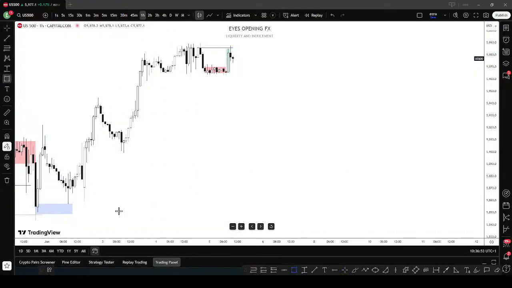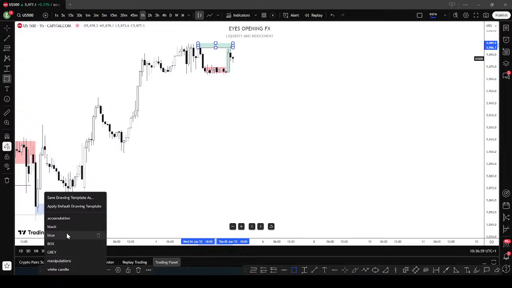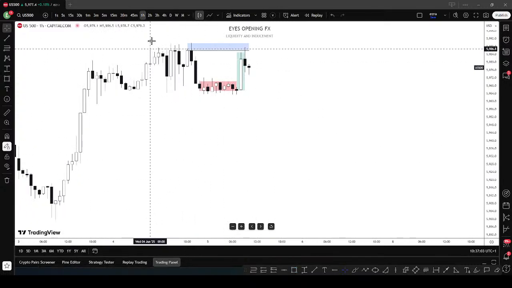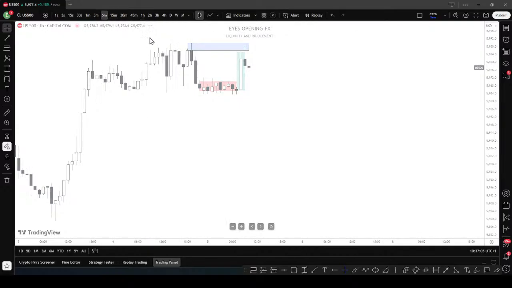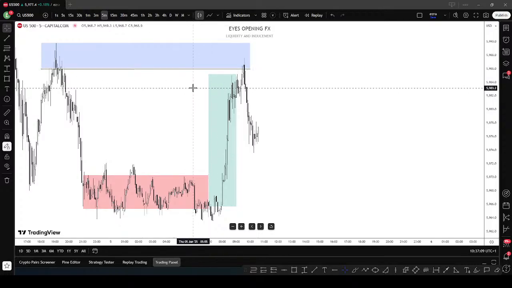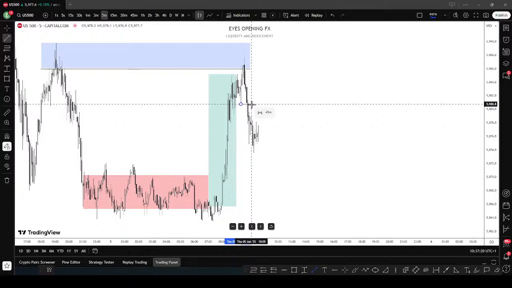Let me just mark it out better before I continue. Okay, so I'm expecting a sell. That's what I'm expecting here, a sell program. But this is US 500, so you should be very careful in terms of risk management.